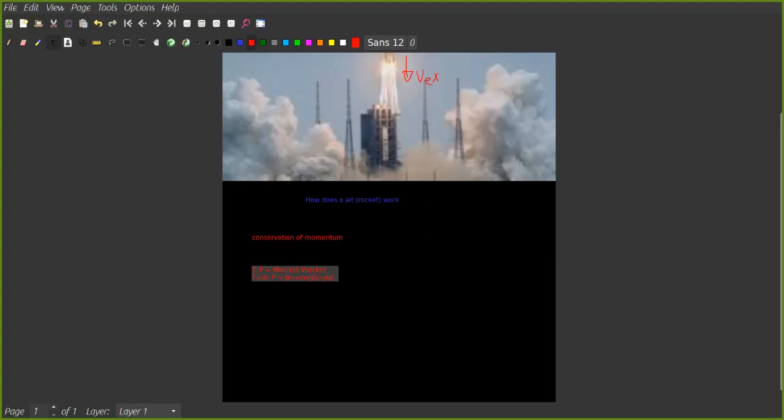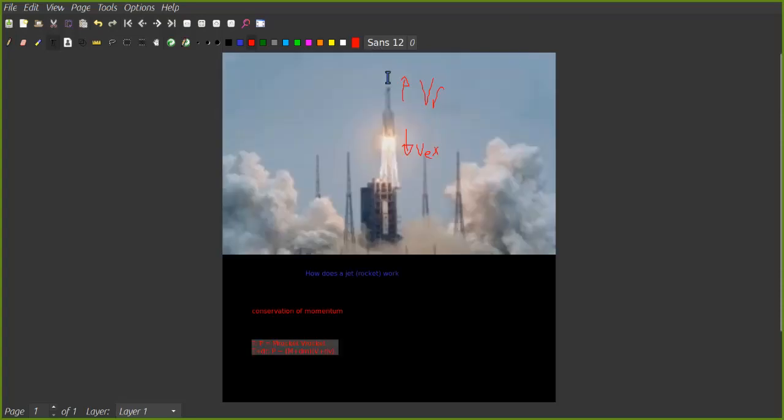So this m is the mass of the rocket, dm is a small mass which is going to be lost, and the exhaust has its own velocity. So at t plus dt, it's (m_r plus dm) times (v plus dv). That's the momentum of only the rocket.